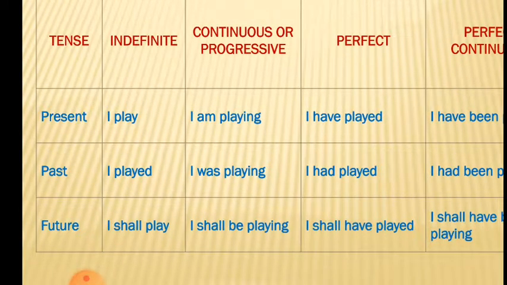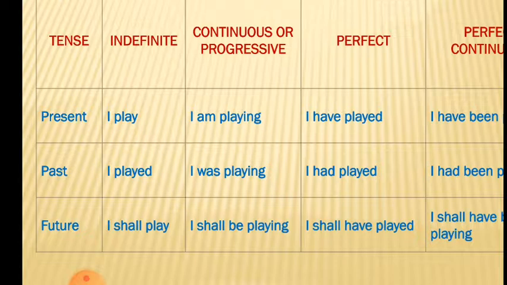Whenever we are talking about the continuous or progressive tense, then we add an ing form along with the base form of the verb. So, here we can see in the present tense, it is I am playing. With the past tense it is I was playing, and in the future tense it is I shall be playing.